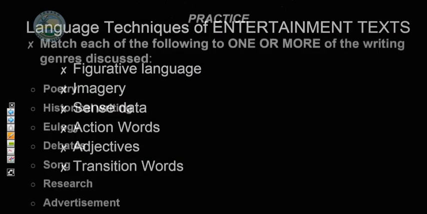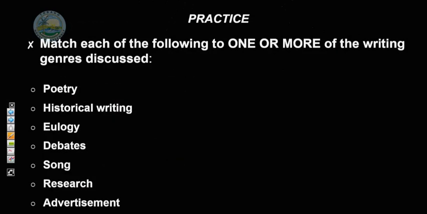As we move along, let's take a look at a little bit of practice. We want to go through this. We have a few examples of writing, different genres of writing, and we're going to use the letters P, I, and E to determine what kind of writing each of these may fall under.